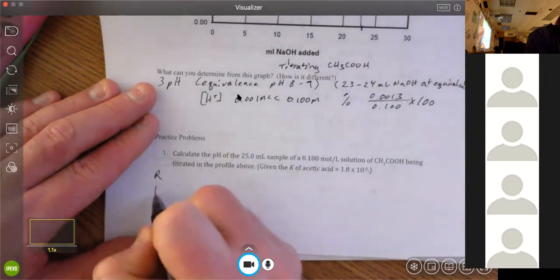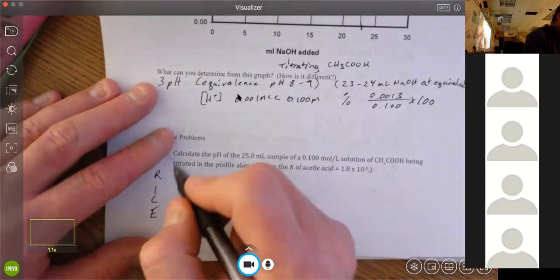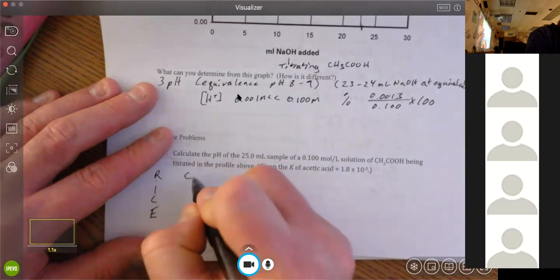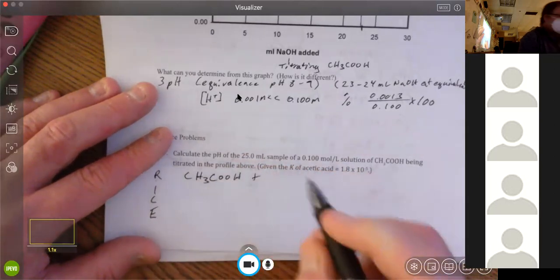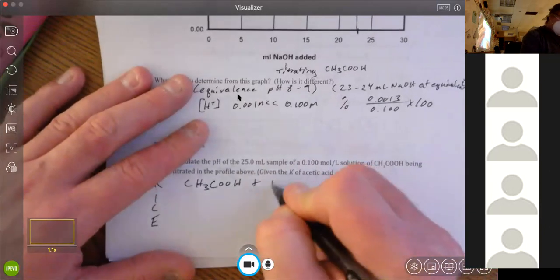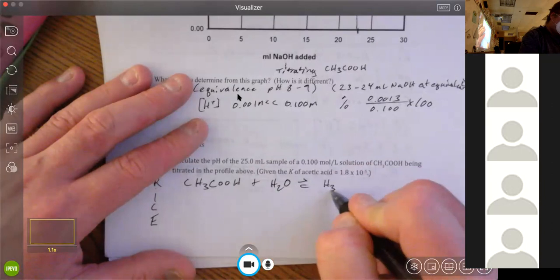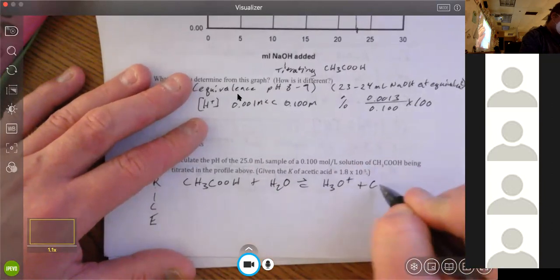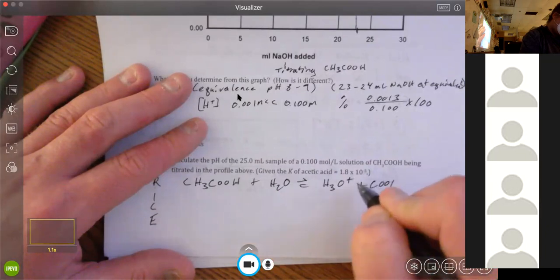And since this is the first of these equations, it might be nice to see that CH3COOH break down. We add this to water. We're going to get H3O plus and CH3COO negative.